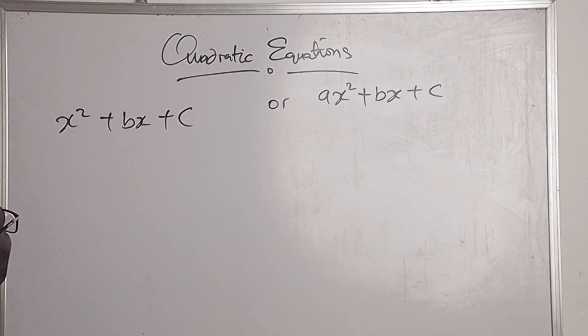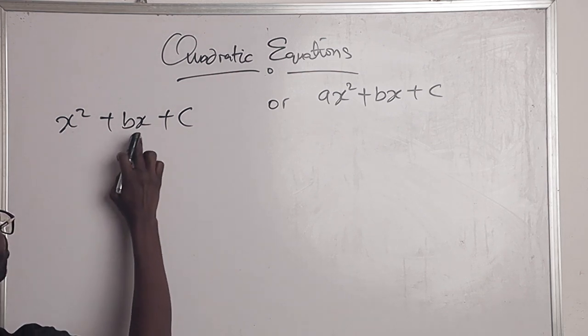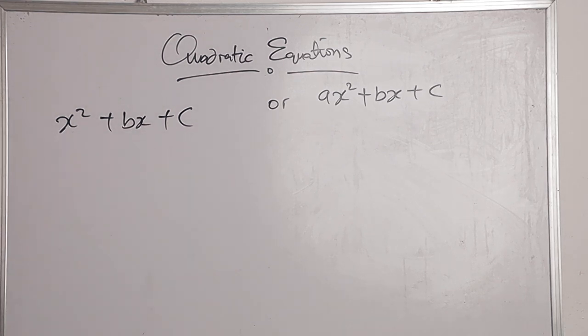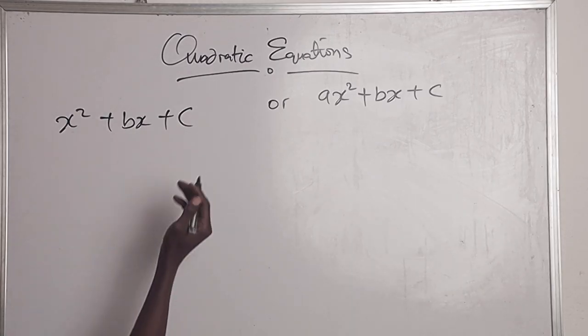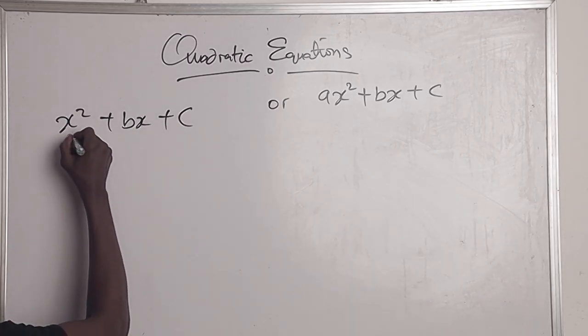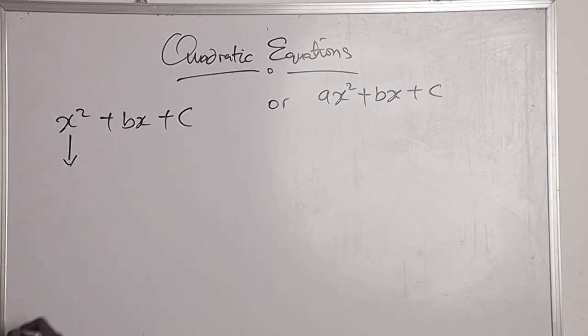So if you have x squared plus bx plus c, you need to understand what each of these expressions represents. The x squared here is referring to the coefficient a.